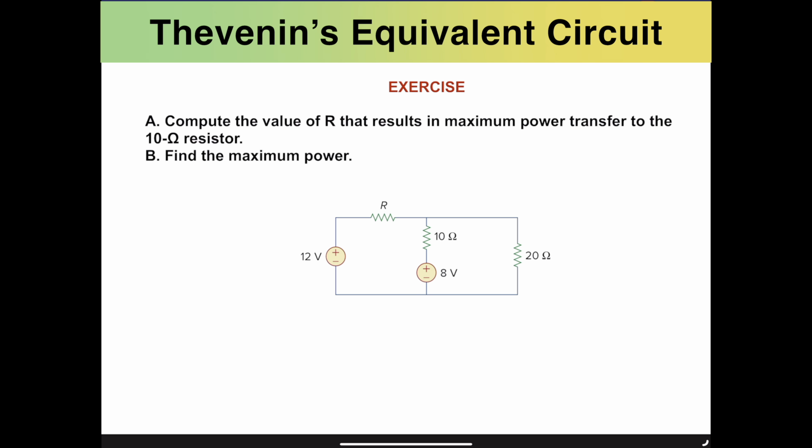Just need to figure out what is the equivalent resistance seen from these two nodes, say, A and B. That simplifies the whole circuit around them. And then if we want to make sure that the maximum power is delivered to this 10 ohm, we need to find out the Thevenin resistance.